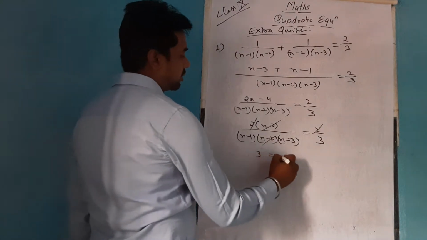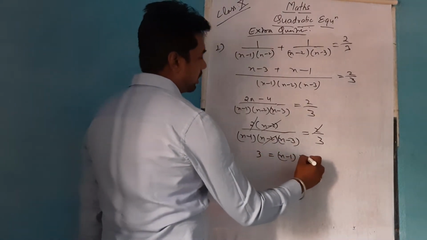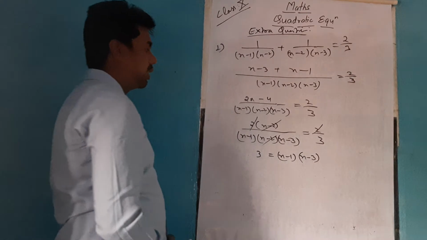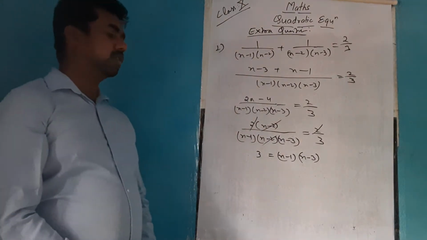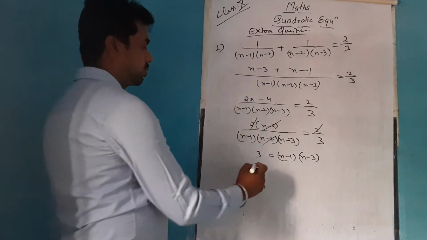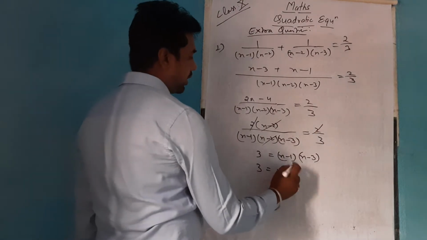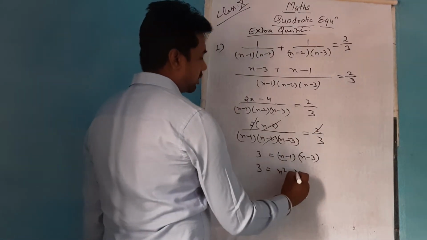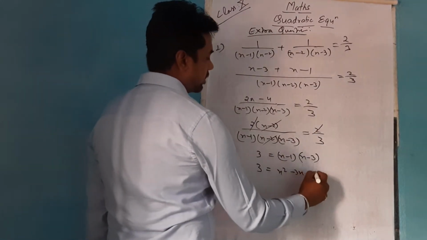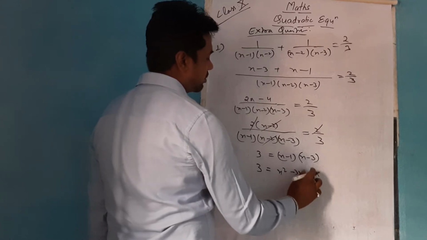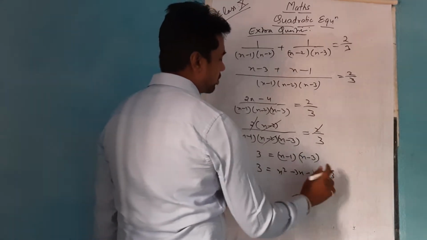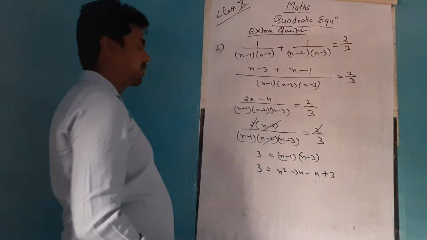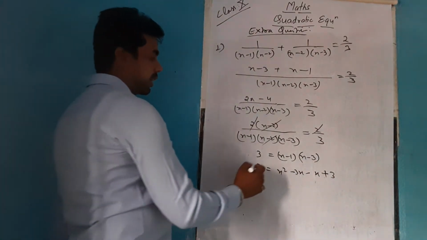So 3 equals (x minus 1)(x minus 3). Now we'll open the bracket. So that becomes 3 equals x square minus 3x minus 1x, or you can write it as minus x, plus 3. This is coming after multiplying the brackets.